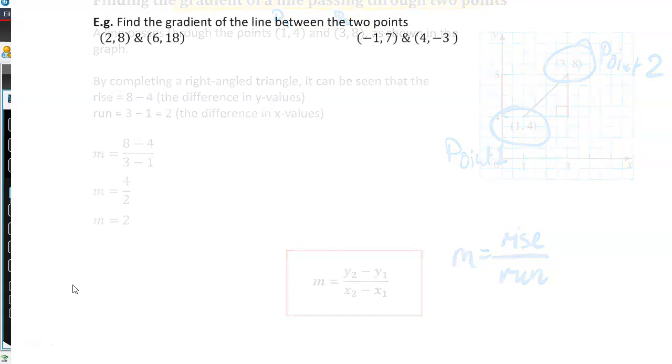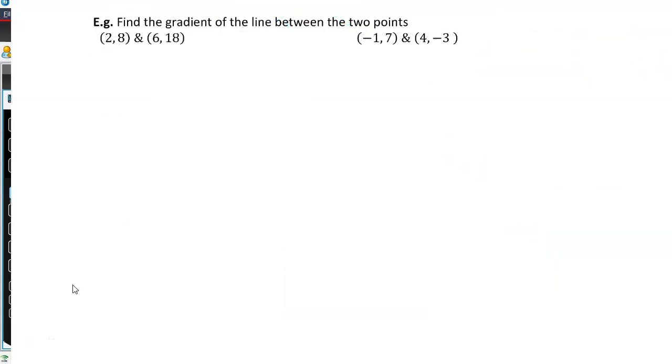So let's do some examples. Let's find the gradient of the line between 2 points. Our first one is (2, 8) and (6, 18). Okay, so that is point 1, that is point 2.